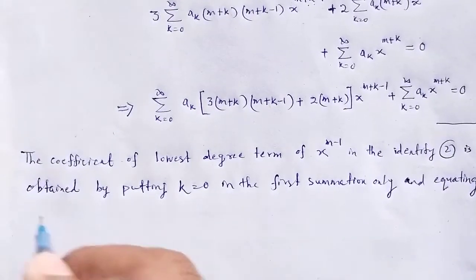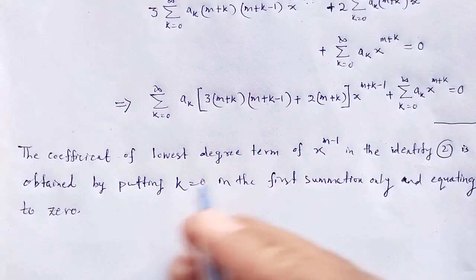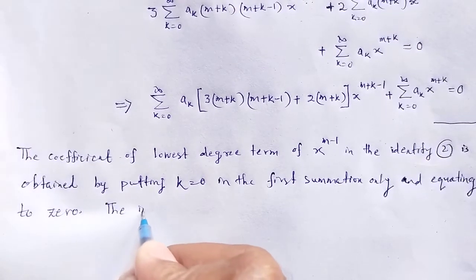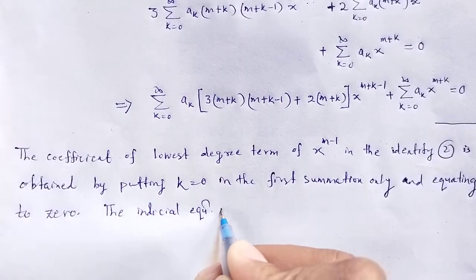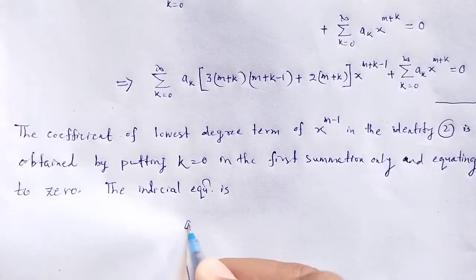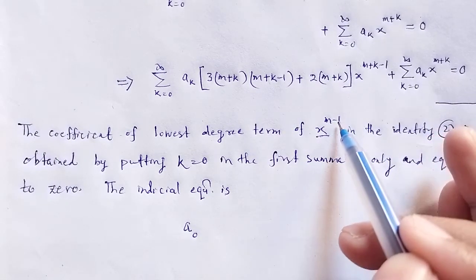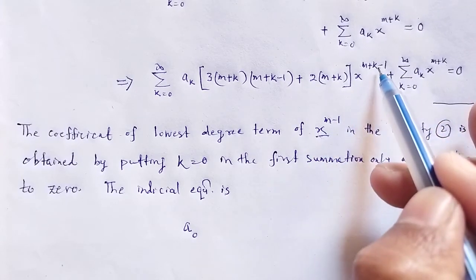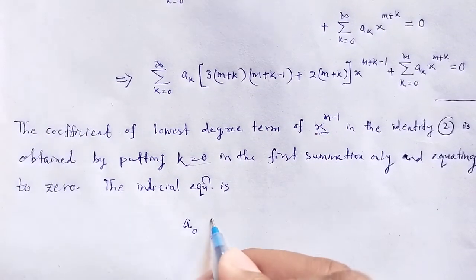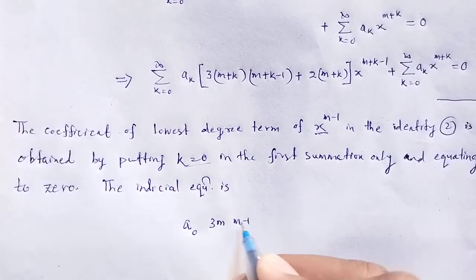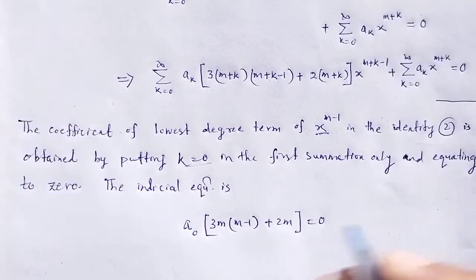The initial equation is, since we equate the coefficient of x to the power m minus 1, that means k is equal to 0, that is a naught (3m(m minus 1) plus 2m) is equal to 0.